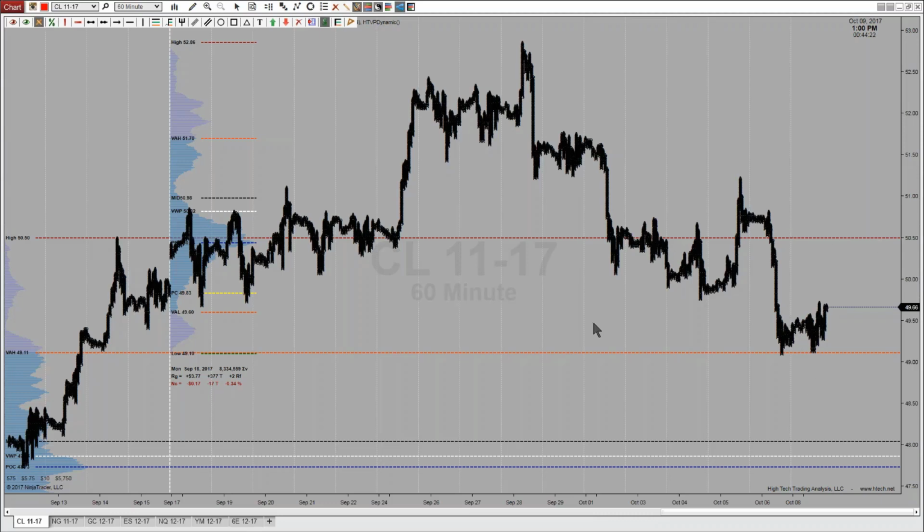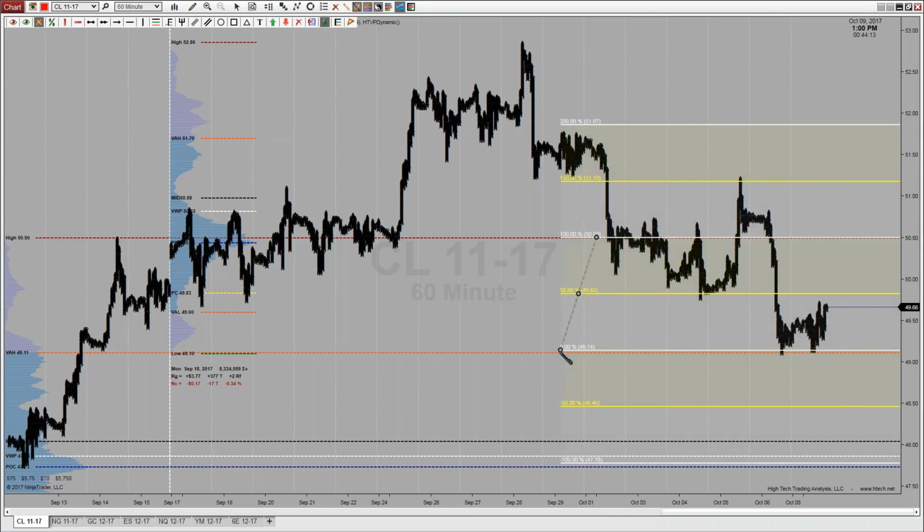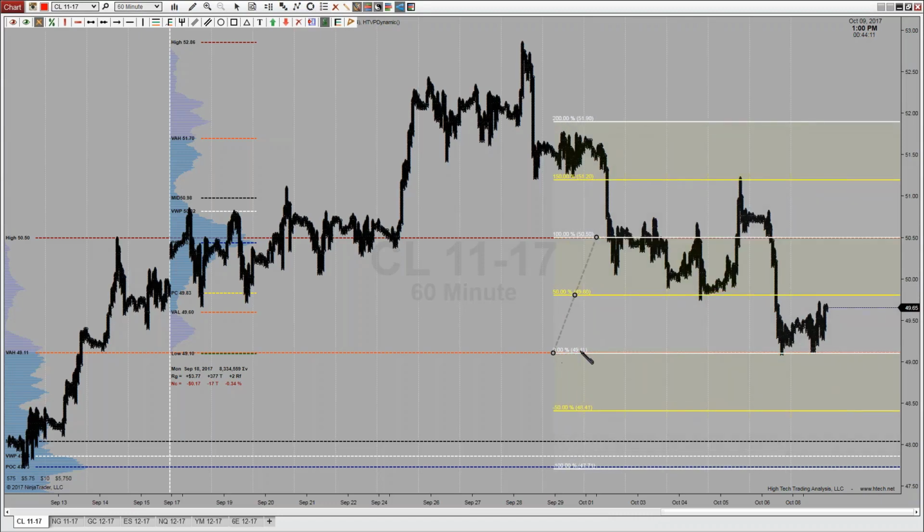Now, again, I tend to look at things in ranges, and I would do the same thing we did earlier between there, and I would be looking at halfway. So here to halfway, we want to check our aggression level to the upside before it could fall all the way back down to this area.